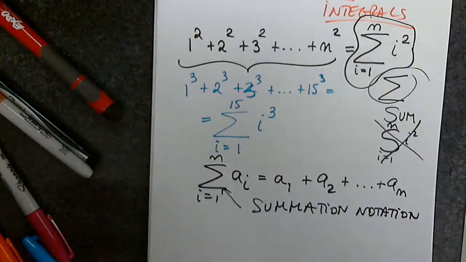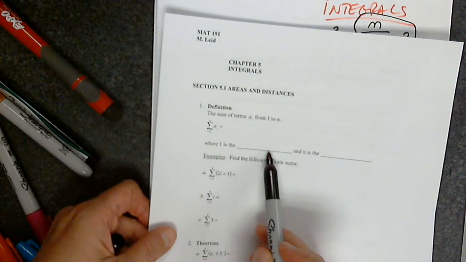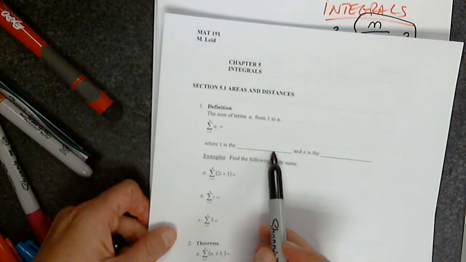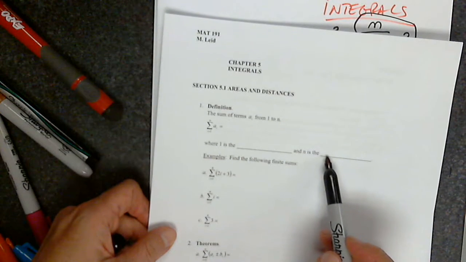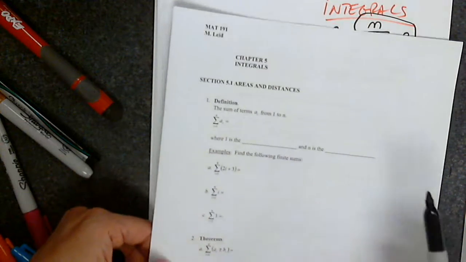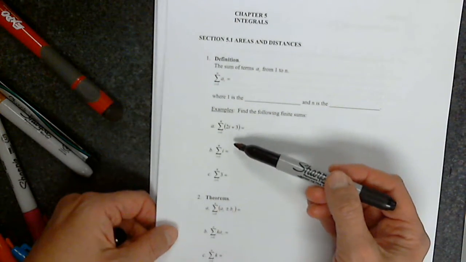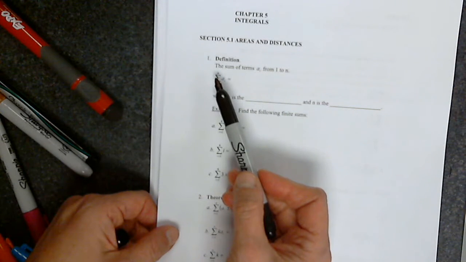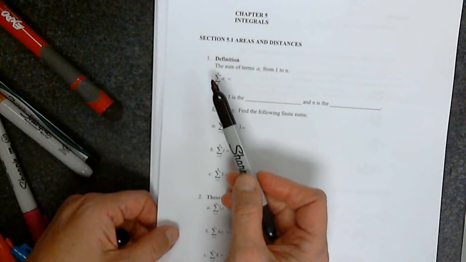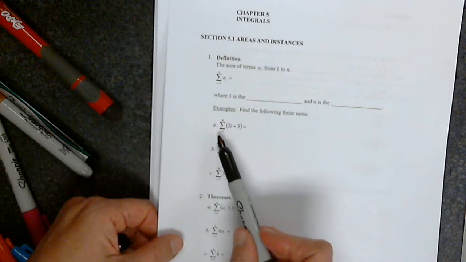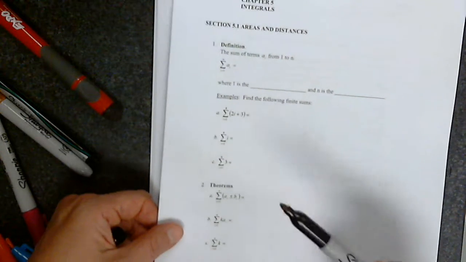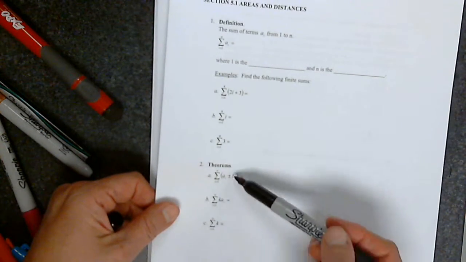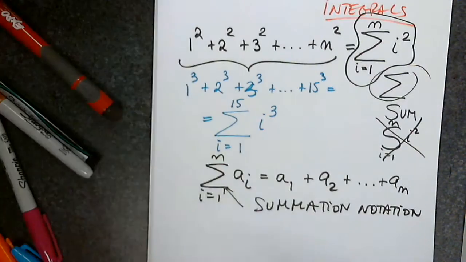Coming back, where 1 is the lower limit, and n is the upper limit, of course. So these are all finite sums because I have n. They end somewhere. They are not infinite. Okay. So let's take a look at this, and then we'll conclude about these theorems in a minute.